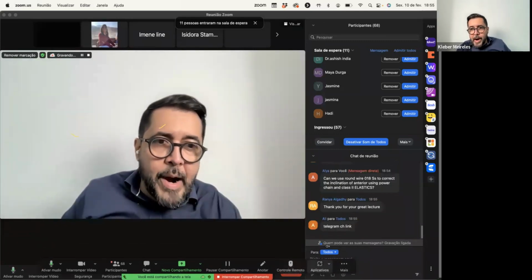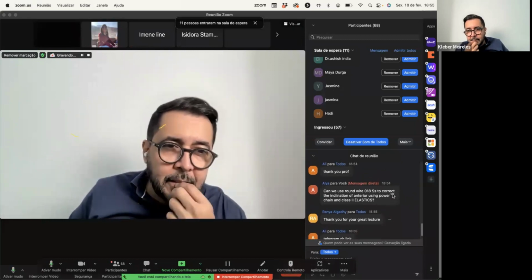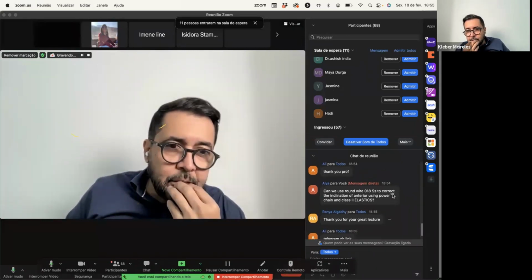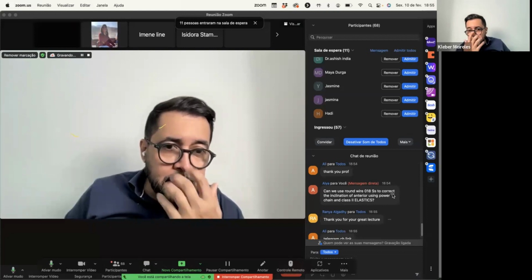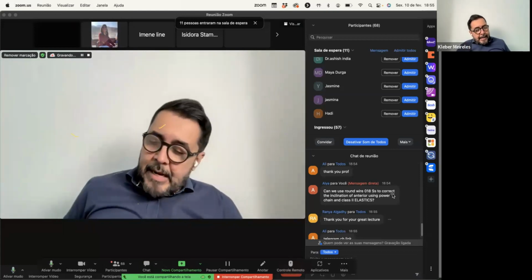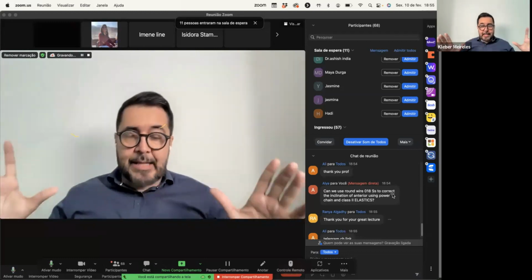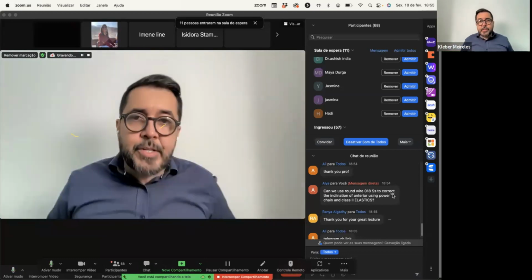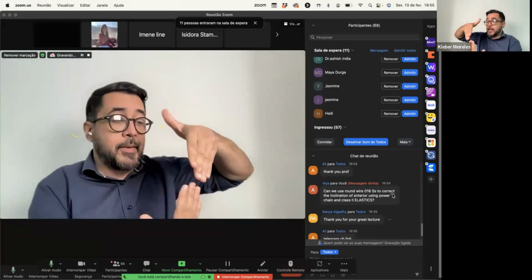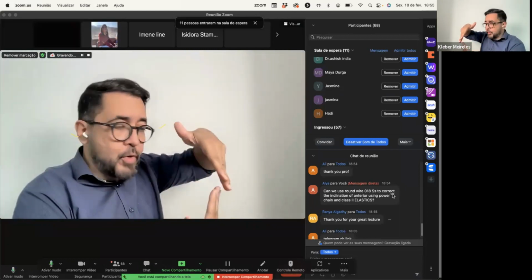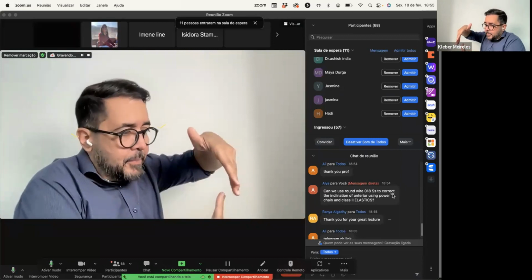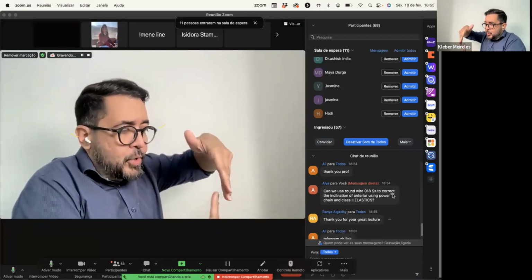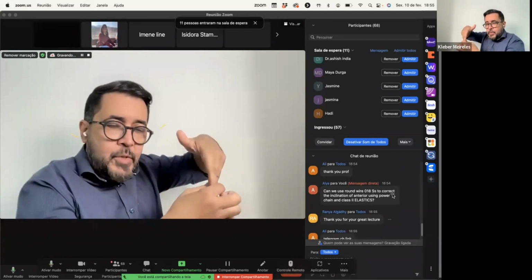Can we use round wire to correct the inclination of anterior teeth using power chains and class 2 elastics? Well, I can't say that you can't do that at all, because there are some situations in which you can. For example, we have not much of an overjet, a little overjet, and I want to do the correction of the inclination of anterior teeth.